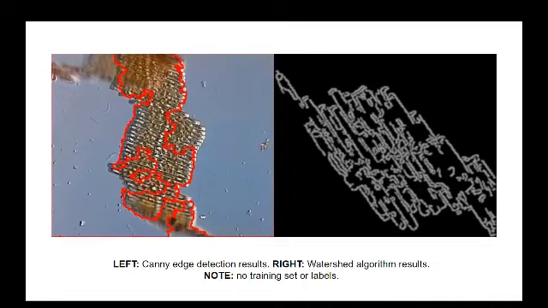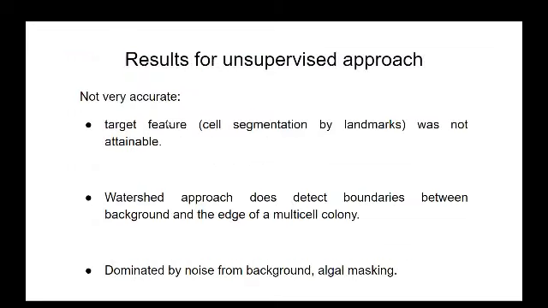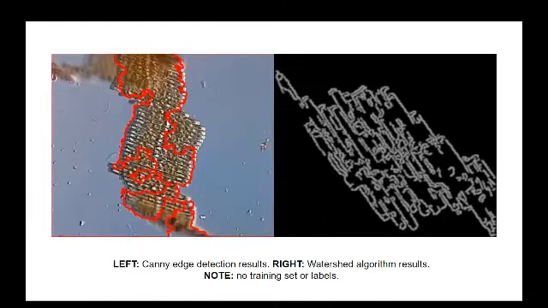On the left, in the Canny Edge example, you see that it wasn't very good at detecting either the colony boundary or individual cell boundaries, although it was somewhat successful at detecting the colony boundary where it was clear, but in some cases it was not clear. And this is a problem, and it's not easily solvable by just cleaning up the image.